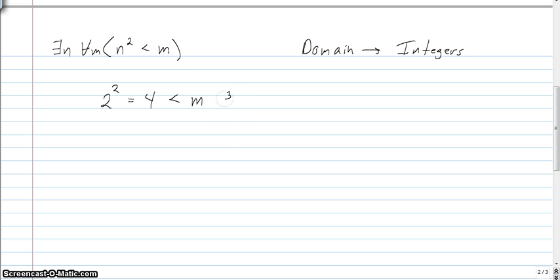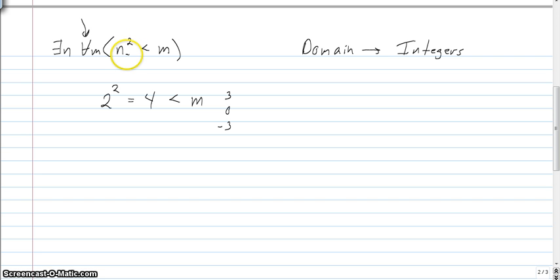3, 0, -3. Okay, so there seem to be some counterexamples that we could think of, and in order to disprove a universally quantified statement, we only have to find one counterexample. And so this kind of goes back to that idea that if we have some number squared, it's always got to be positive, right?